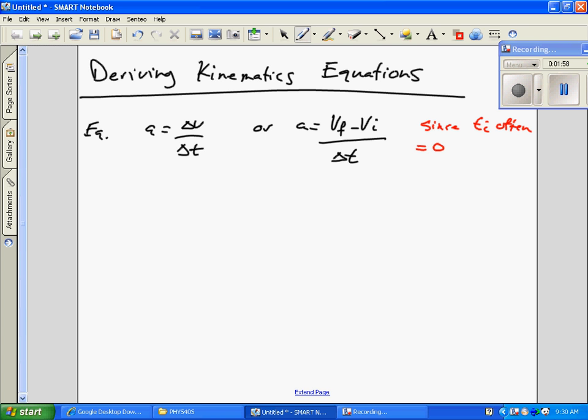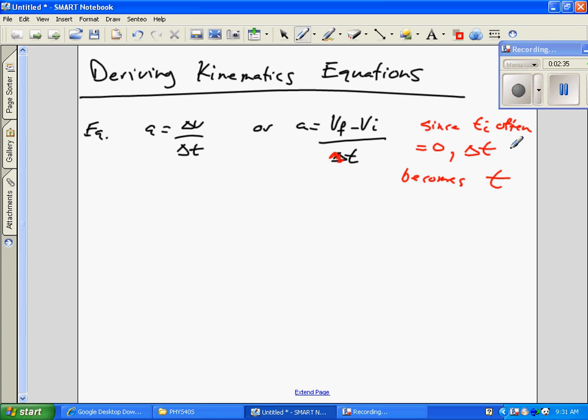So delta T just becomes T. We're just going to use the letter T rather than delta T. The deltas are nice for a while, but they get a little bit cumbersome sometimes. There'll be some profs that are insistent on using delta. That's fine. I'm going to try to simplify things a little for you, so I'm just going to magically allow the delta to disappear.